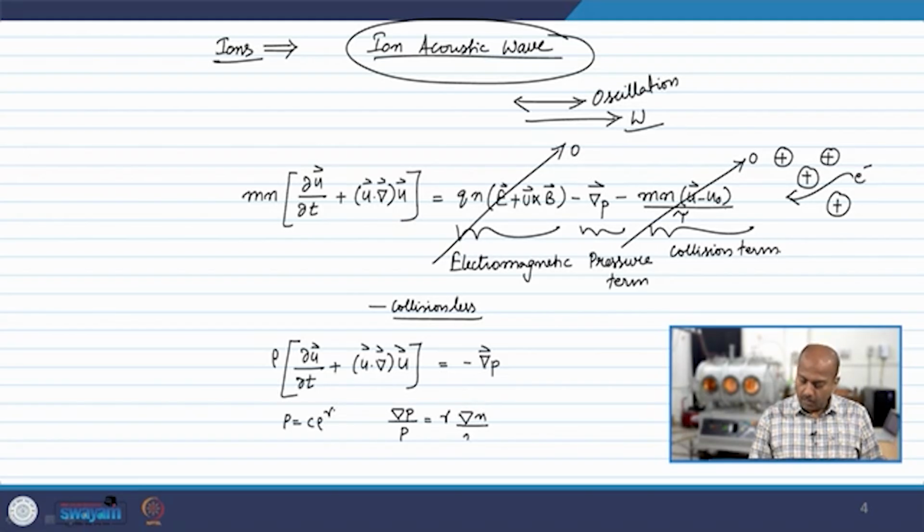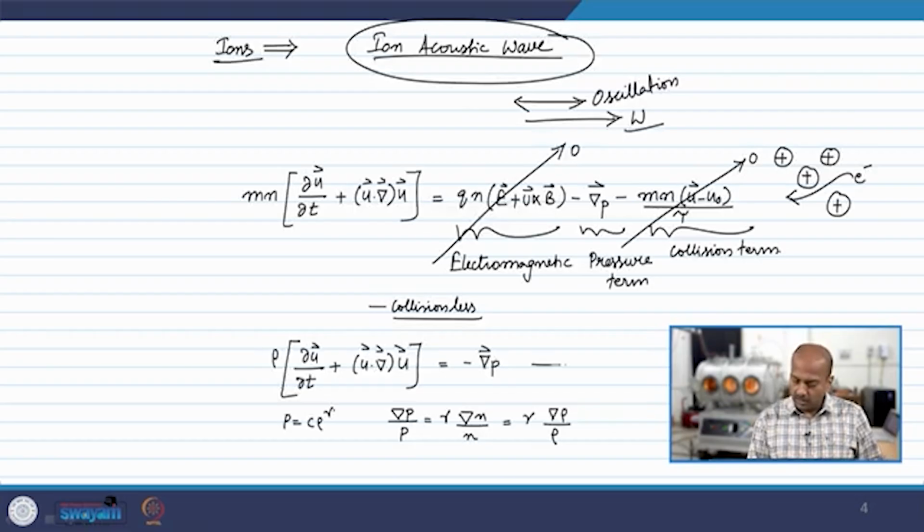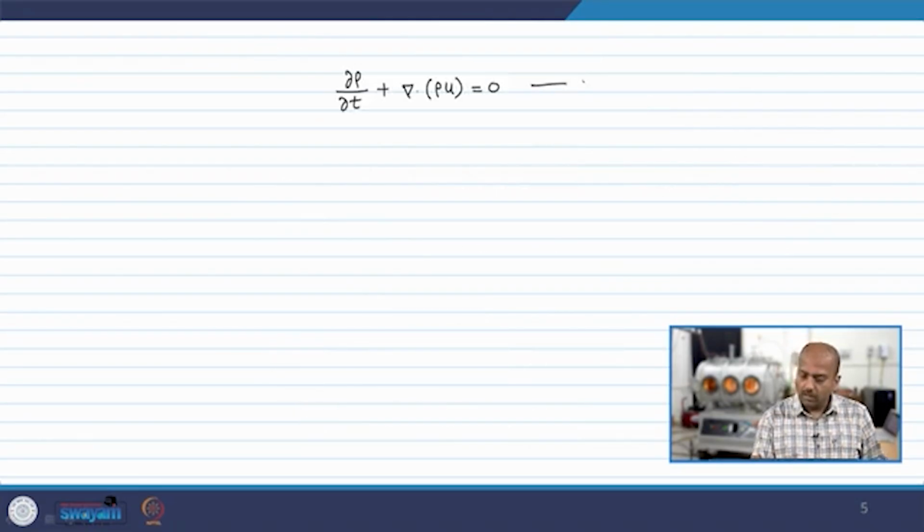This is one equation that we need, and the second equation is the equation of continuity, ∂ρ/∂t + ∇·(ρu) = 0. Let us call these equation 1 and equation 2.